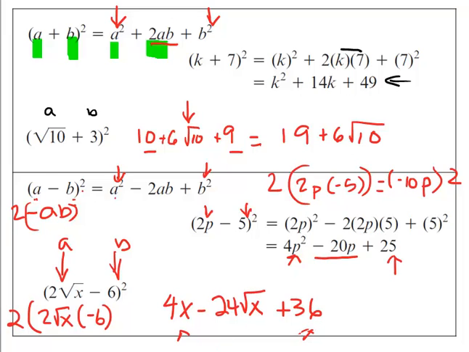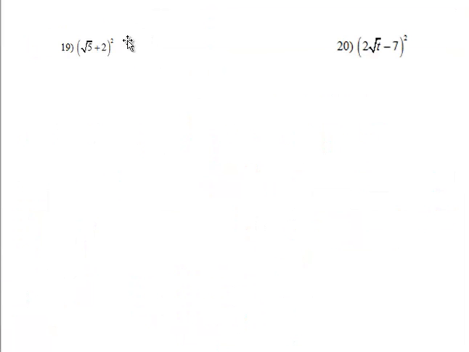Okay, let's take a look at a couple more. Here I have the square root of 5 plus 2, squared. Here's my a term, here's my b term. The square root of 5 squared would be 5, plus 4, because that's 2 squared, right?